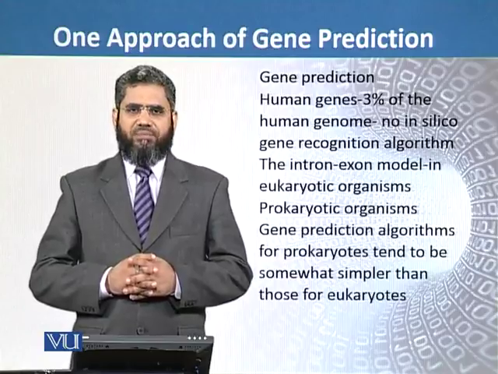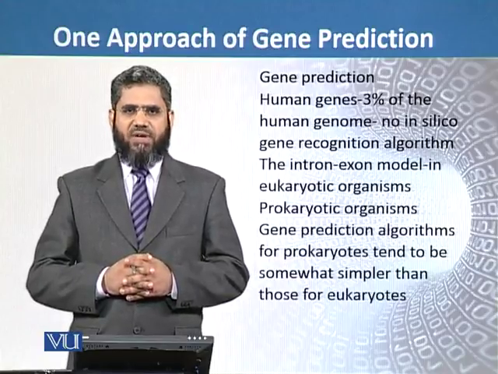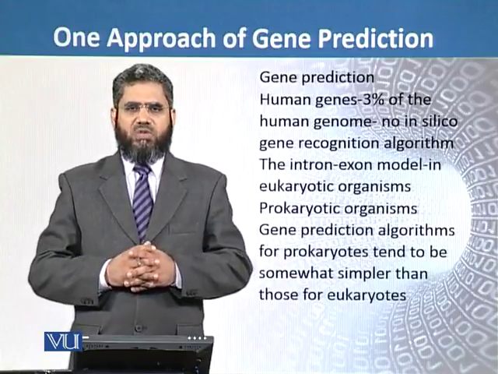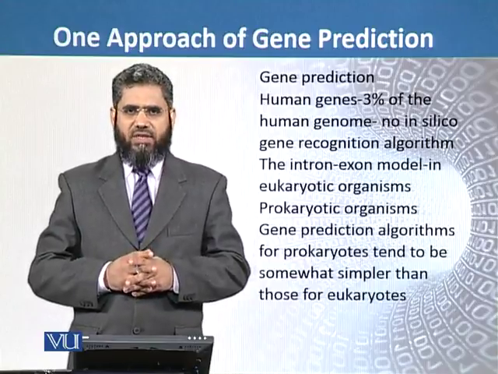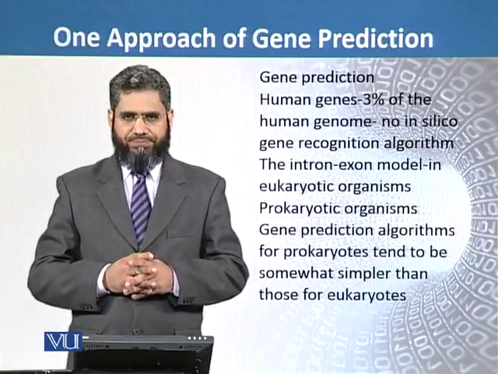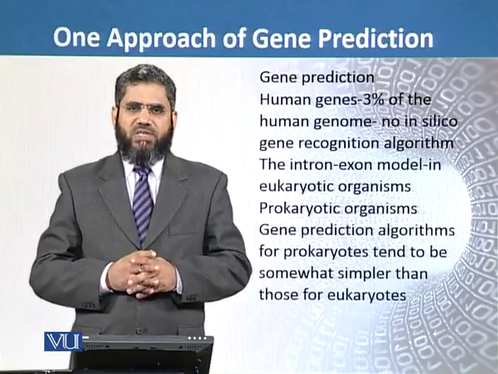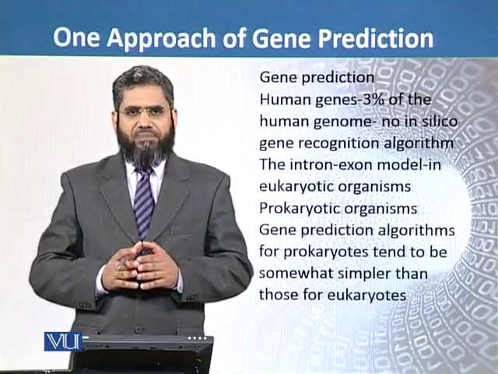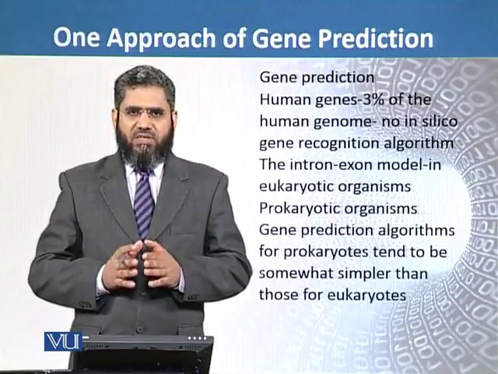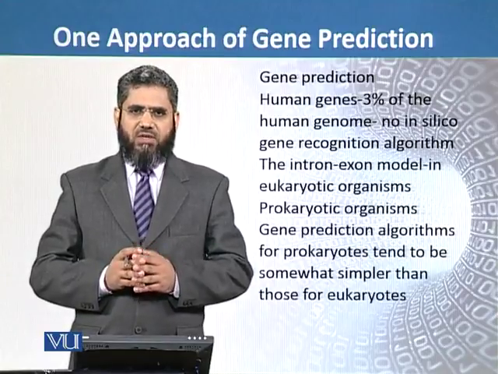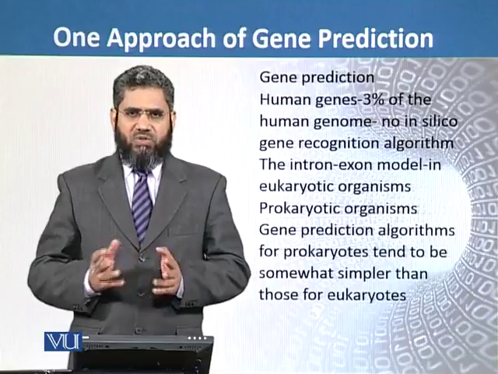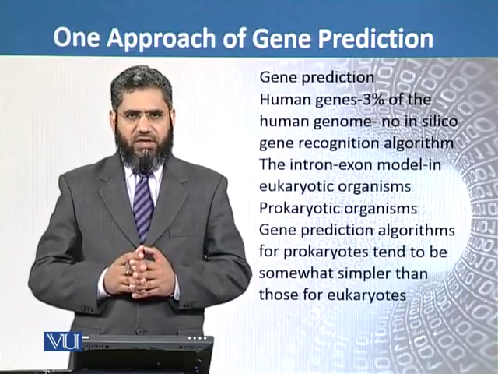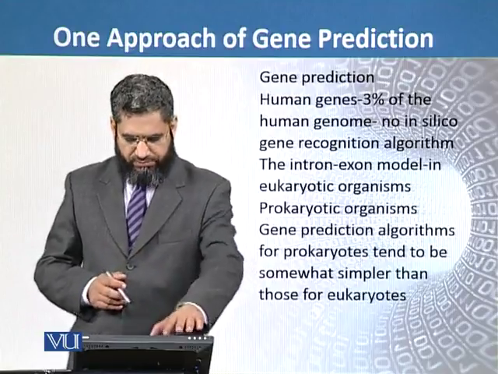On the other hand, in prokaryotes, for example bacteria, there are no introns in their genomes. So it is much easier and simpler to find genes within the genome of bacteria, because there are no introns.